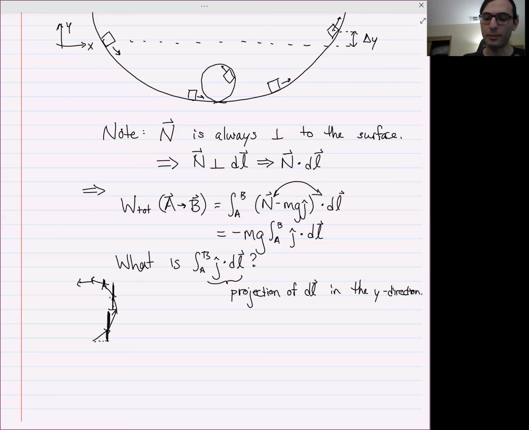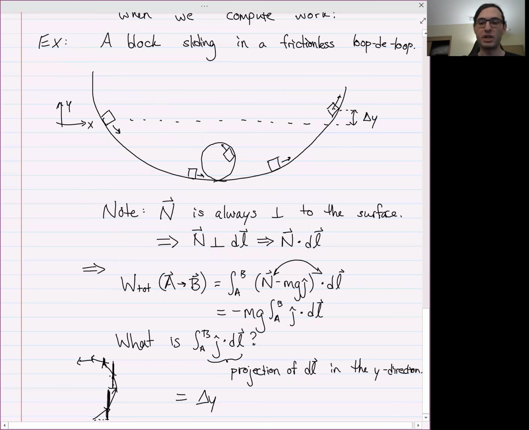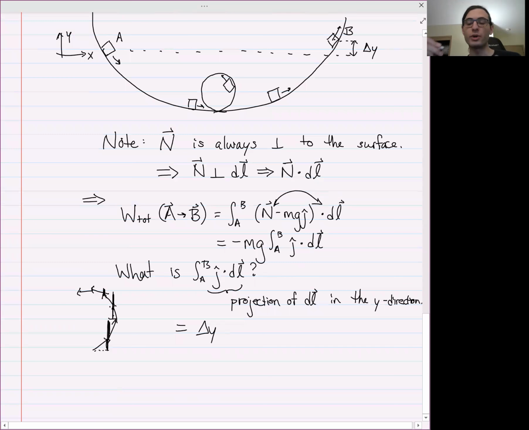So in this case, that would indicate that this is just delta y. It is just the vertical displacement between B and A, because we're only adding up the vertical contributions. We're integrating the vertical contributions to the path. Sometimes the vertical contributions will be negative when it goes down.